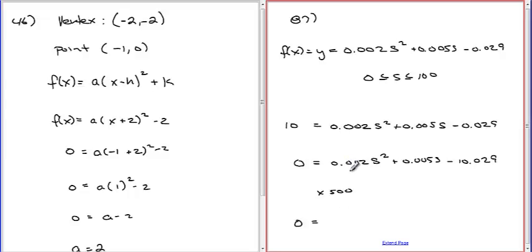So this times 500 is 1. 0.005 times 500 is 2.5. And 10.029 times 500 is 5,014.5.